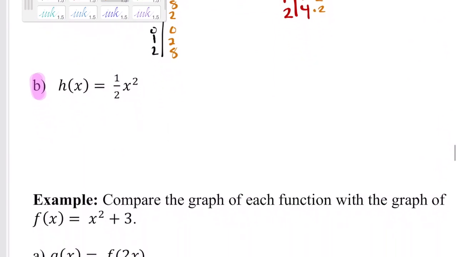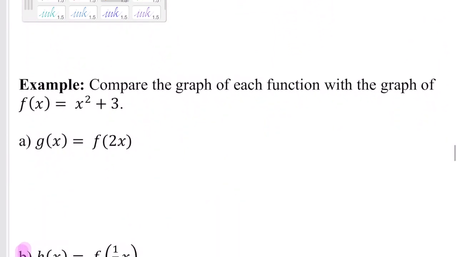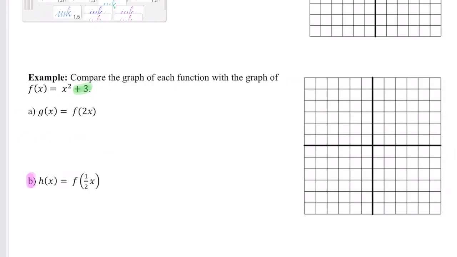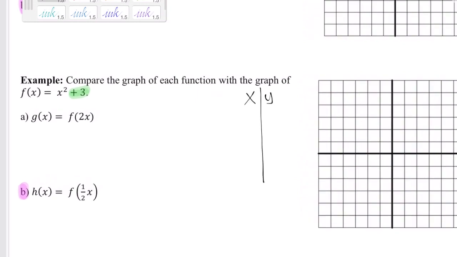All right. So next bit, we're comparing these graphs. So it's like my original parent function, but instead I have this +3 on the outside. So because it's on the outside, that means I'm affecting my y value. I am working with a parabola, so I'm going to use my longer t-chart.